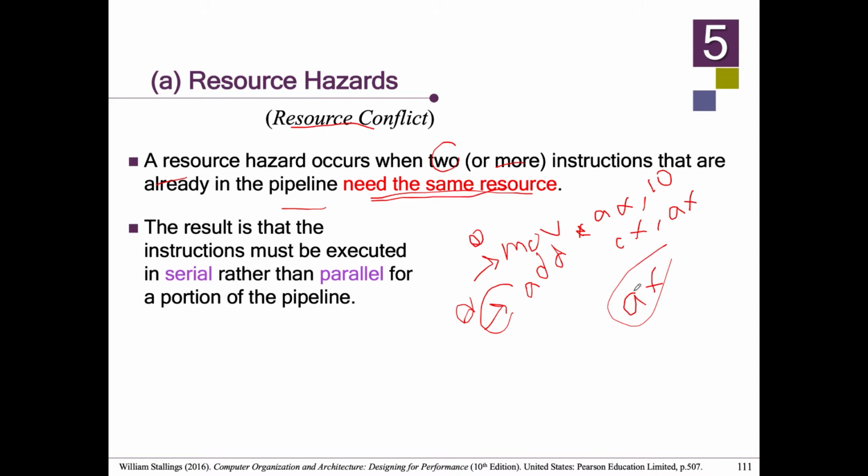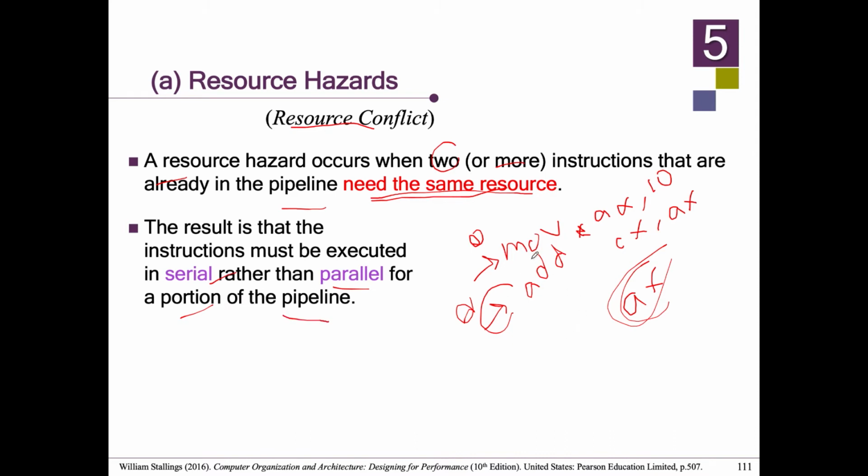You can see over here, it's stored inside your AX. The result is that the instructions must be executed in series rather than in parallel for a portion of the pipeline.